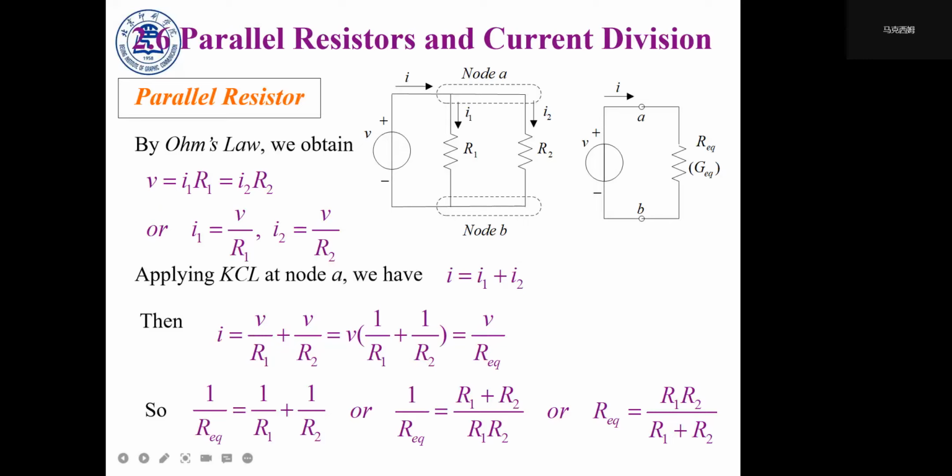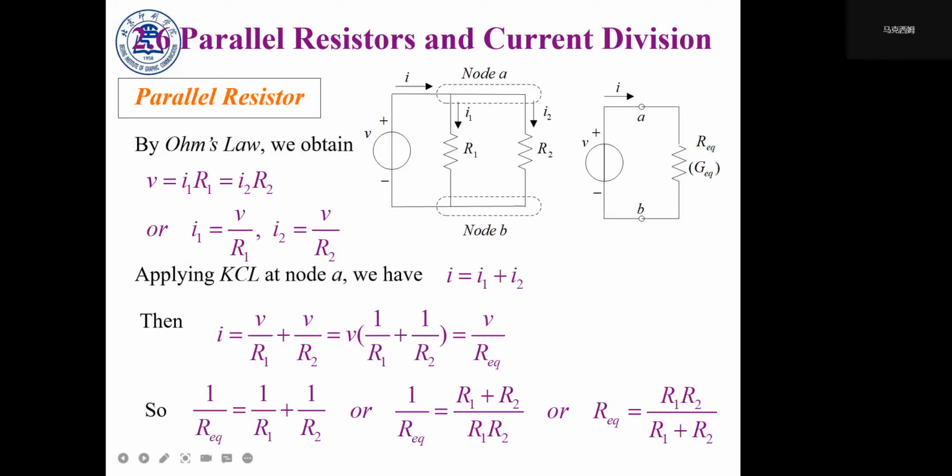Similarly, we talked about parallel resistors and their distribution of current. If we connect a series of resistors together and tie one end of them to one point and the other end to the other point, all these resistors will share the same voltage, and we can apply Kirchhoff's current law at the other end of the network.